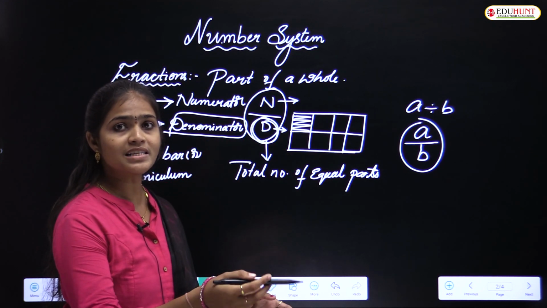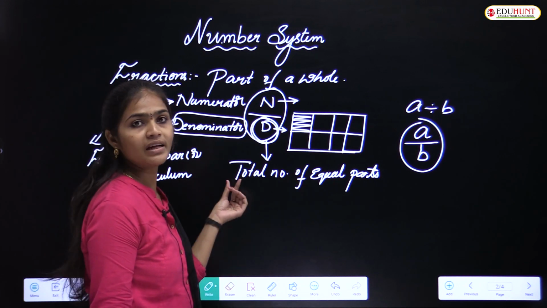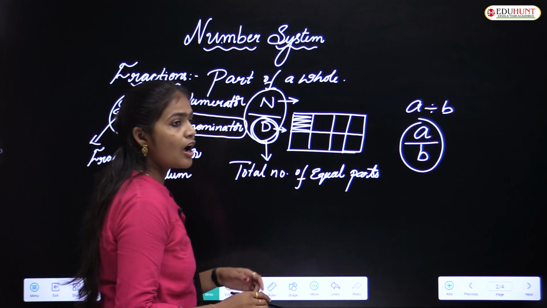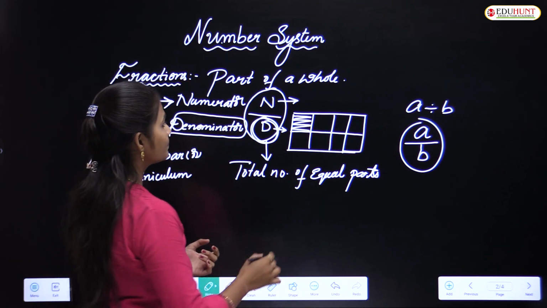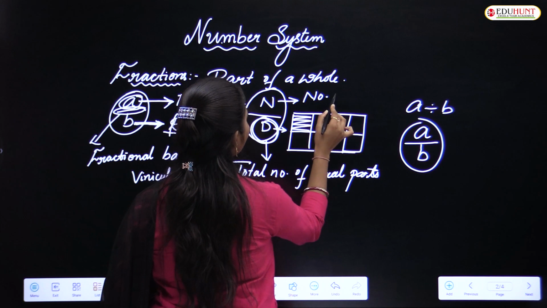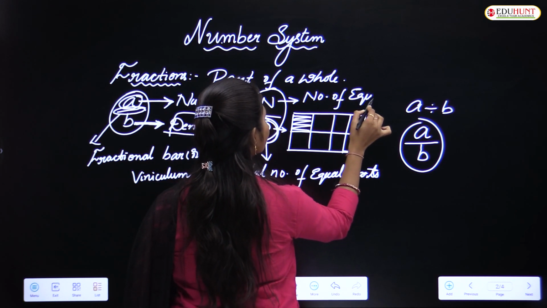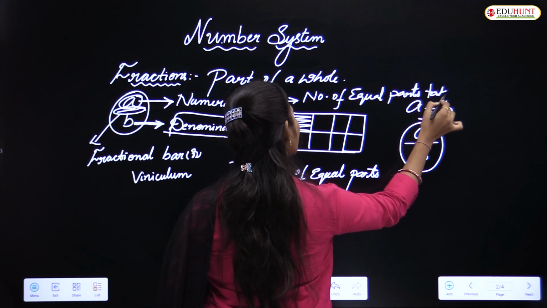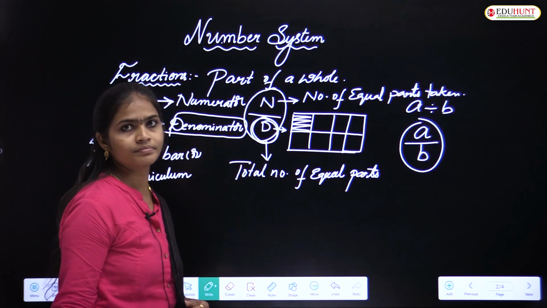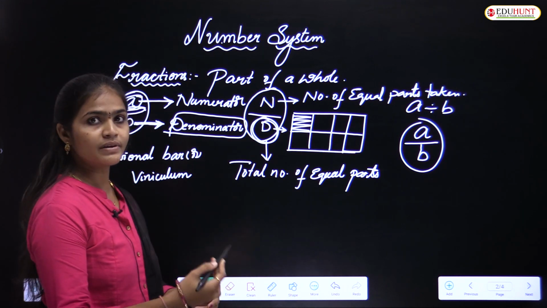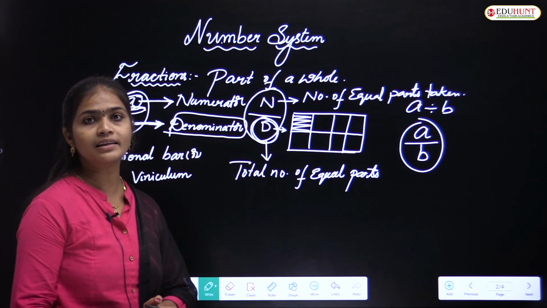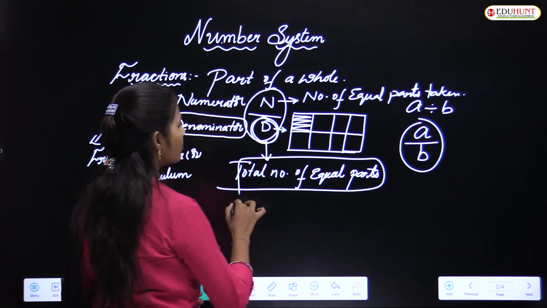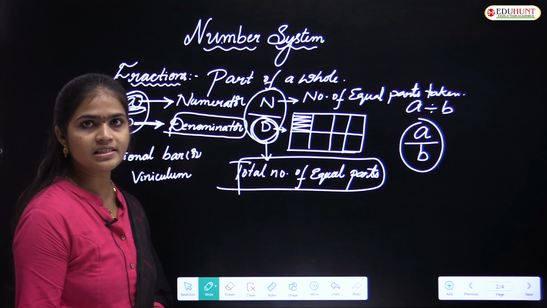How many equal parts we have taken, that we write in the numerator, and in the denominator we write the total number of equal parts. Did you understand that?